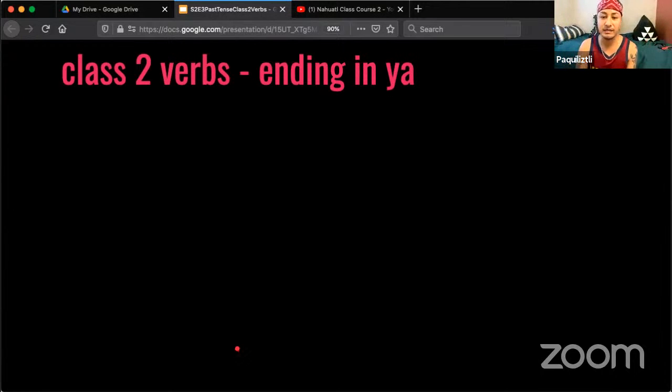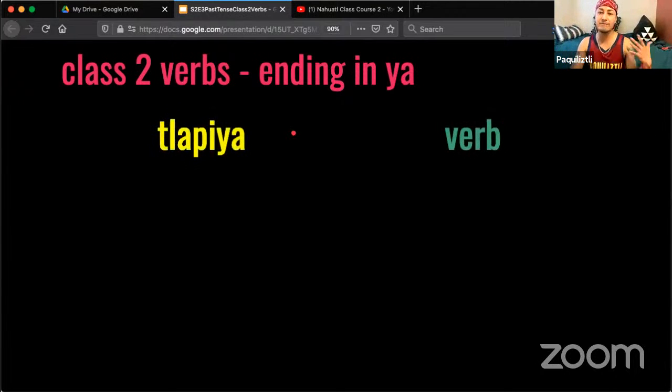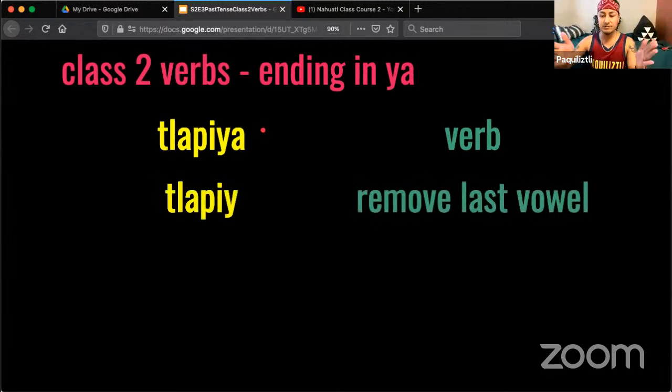Okay, there's a total of 7 rules, so I think we've done like 3. Okay, class 2 verbs that end in ya. So we had that example of that verb pilla, which means to have. So tlapilla, to have something. First, drop the A, it becomes tlapi. Saying tlapi is very difficult to say, it's kind of not easy to say tlapi with a Y, right?